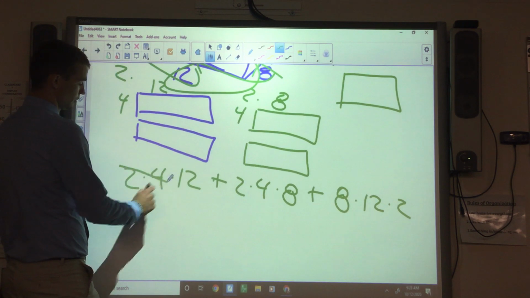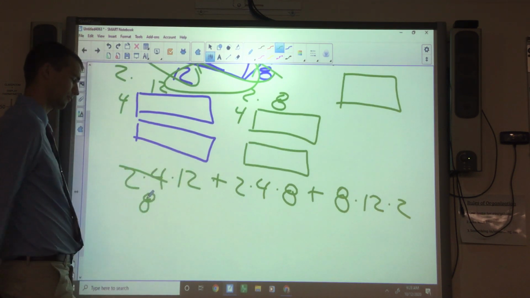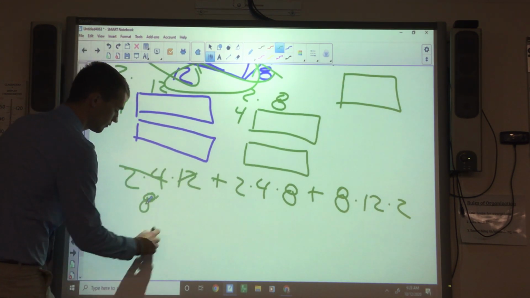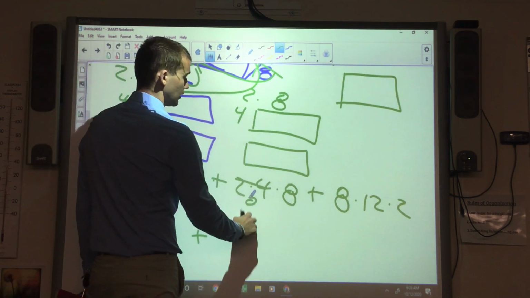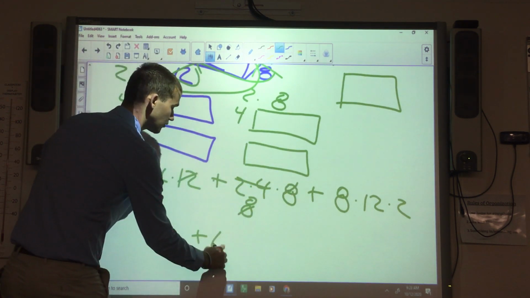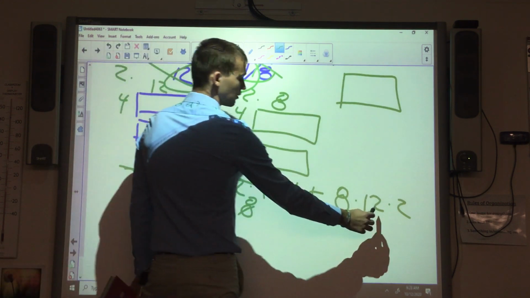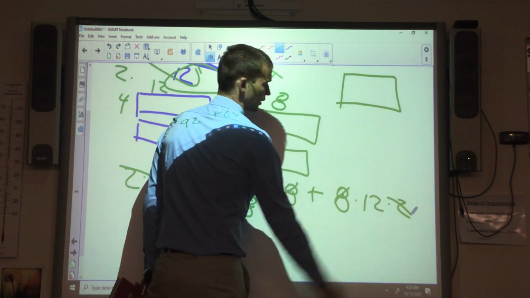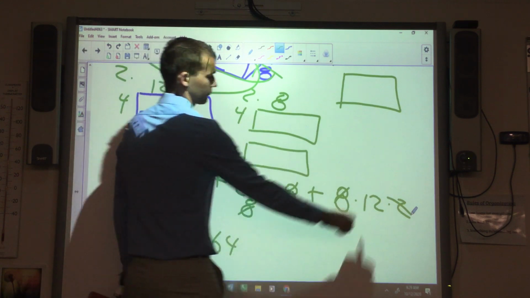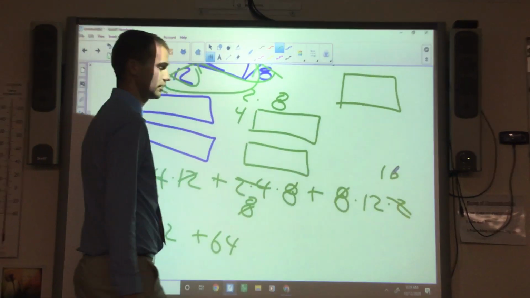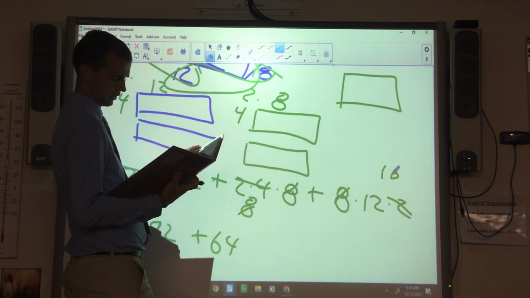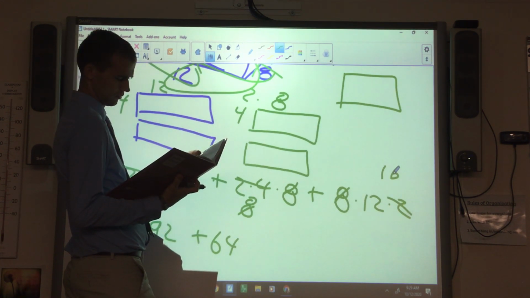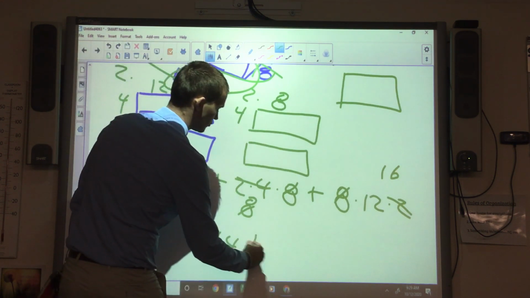Well, I guess I can do this at 8. 8 times 12, I think, is 92, I believe. 2 times 4 is 8. 8 times 8 is 64. 8 times 2 is, actually, I might have to do it that way. 16. 16 times 12, I'm going to look in the book because I don't know that one off the top of my head. Ends up being 192.